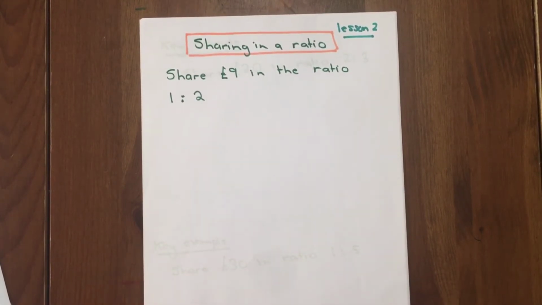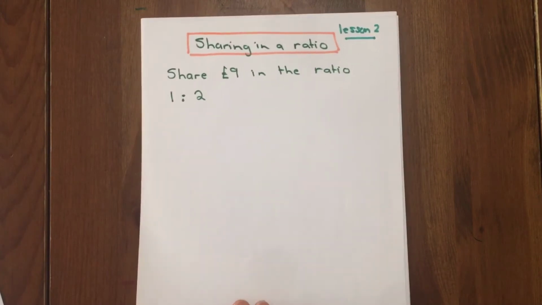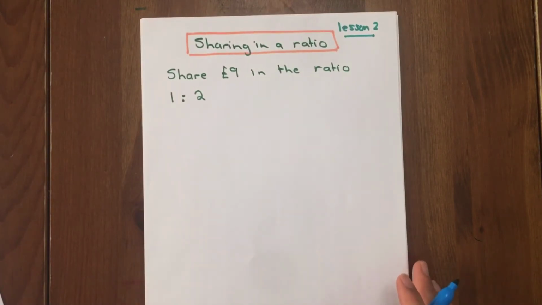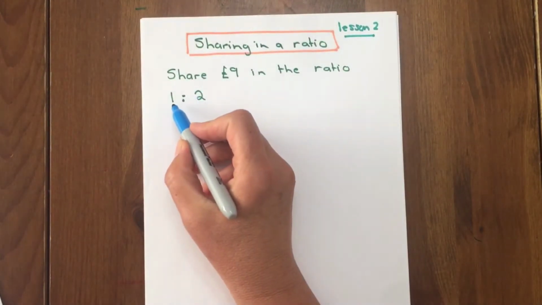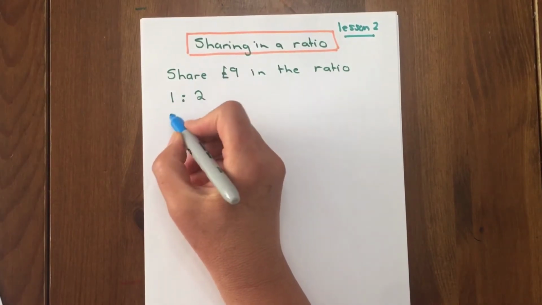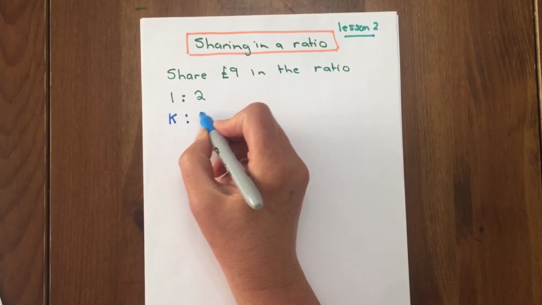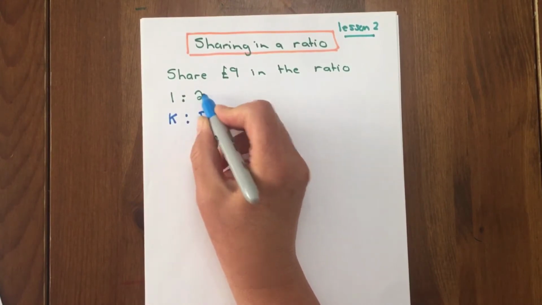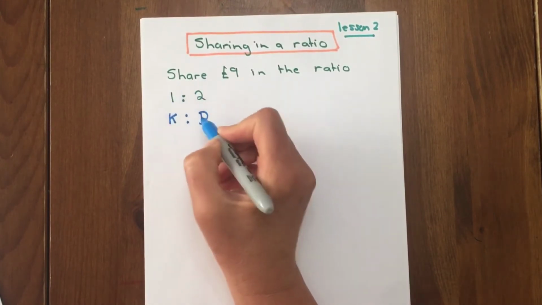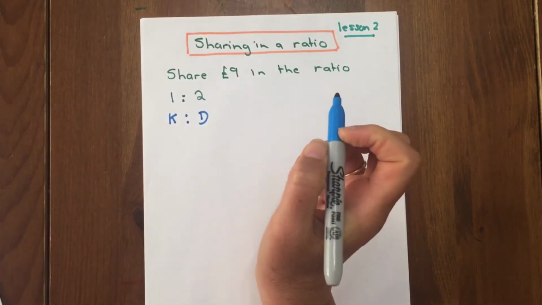Okay, let's say we've got £9 and we want to share that in the ratio 1 to 2. So let's say Karen gets £1 and Debbie gets £2. So every £1 Karen gets, Debbie gets £2.